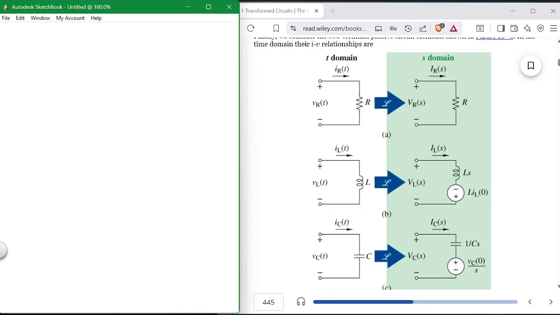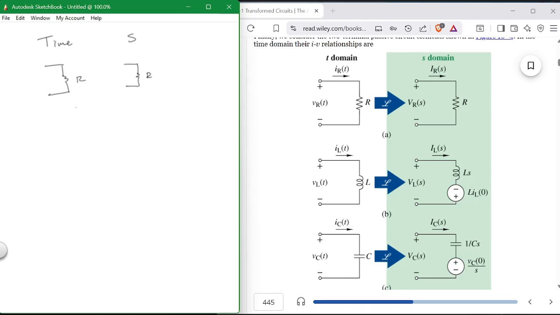So when you see an R, it's just an R. In the time domain and in the S domain, this is what you have. If you have an R, it's an R. And here's your V and your I and all that kind of stuff.